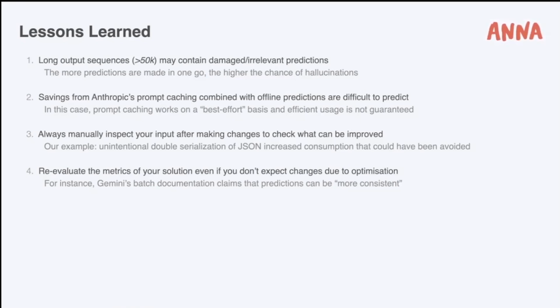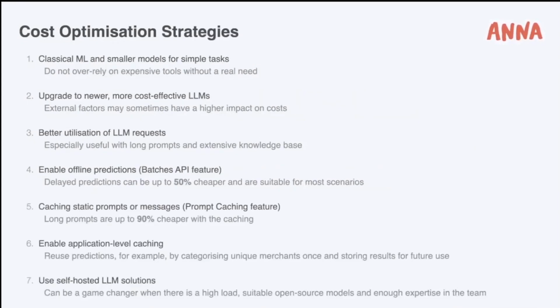We saw that we got more hallucinations with a longer context. So this brings a lot of money or saves a lot of money, but may affect the quality of your solutions. This is the full list of the strategies. And thank you.